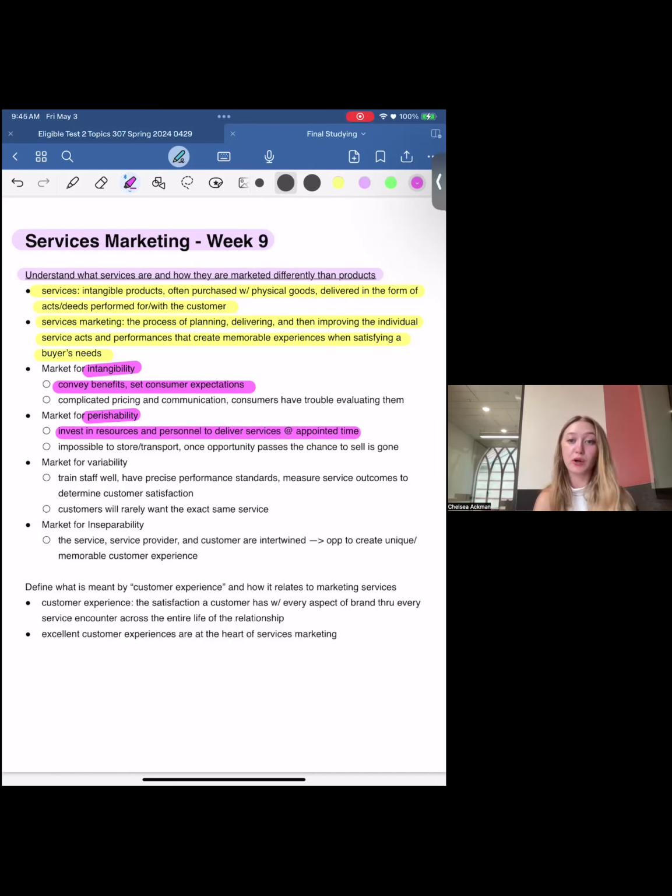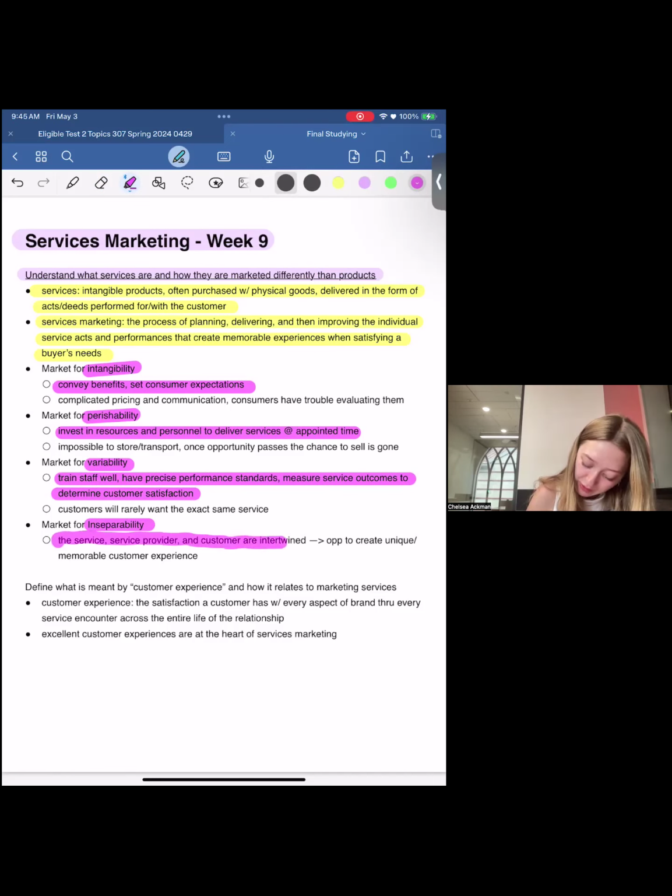It's impossible to store or transport services, so once the opportunity passes to sell them, it's gone. Market for variability: train staff well, have precise performance standards, and measure service outcomes to determine customer satisfaction. And customers will rarely want the exact same service. And then for inseparability, the service provider and customer are intertwined, which creates an opportunity to create unique, memorable customer experiences.